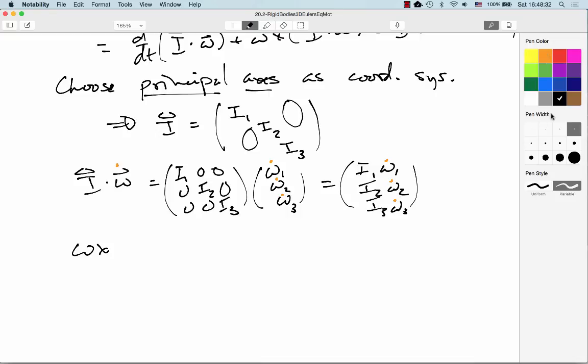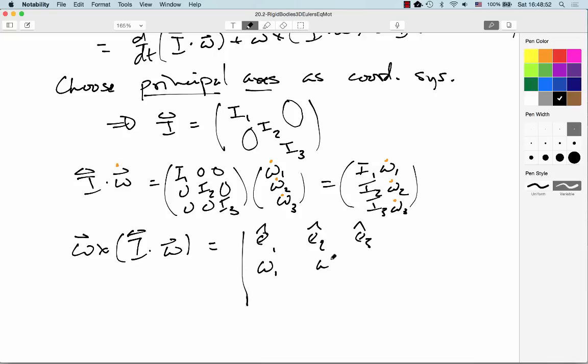There we go. All right, so now we can go ahead and look at evaluating omega crossed into I dotted into omega. So E1, E2, E3. First row is going to be omega 1, omega 2, omega 3.